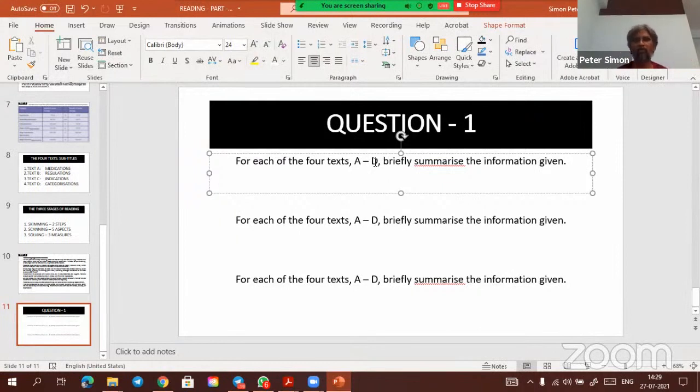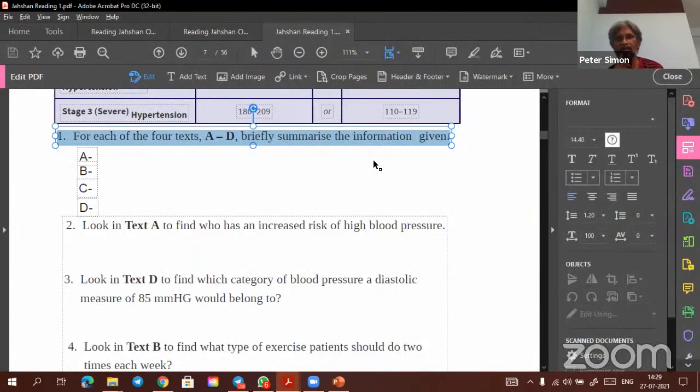For each of the four texts A to D, briefly summarize the information given. Okay, briefly summarize the information given. A to D, briefly summarize the information given. That is a different thing.